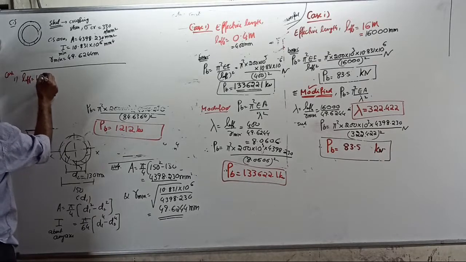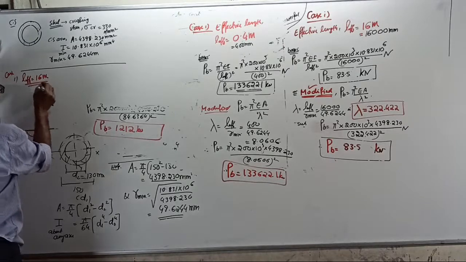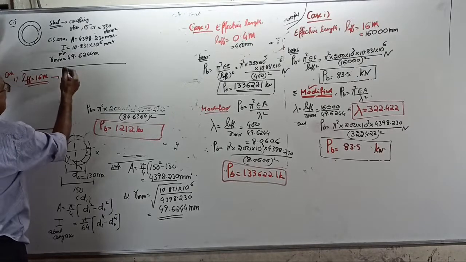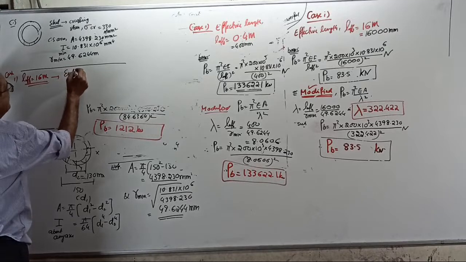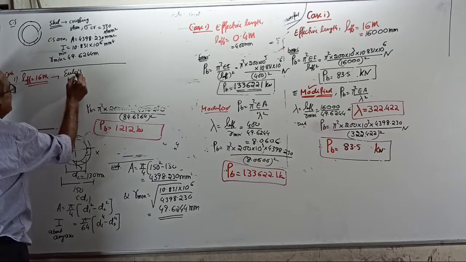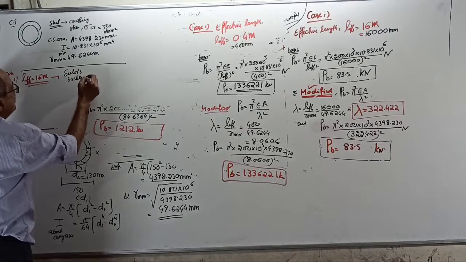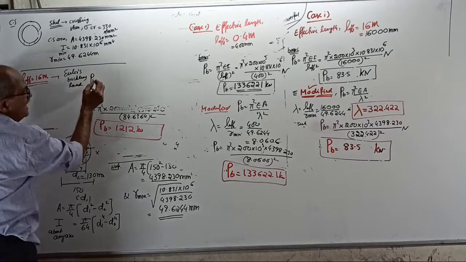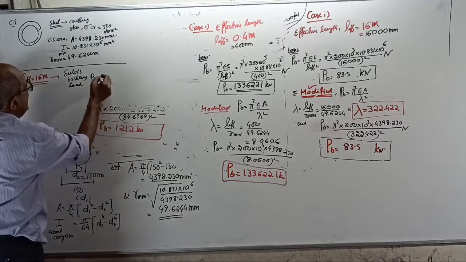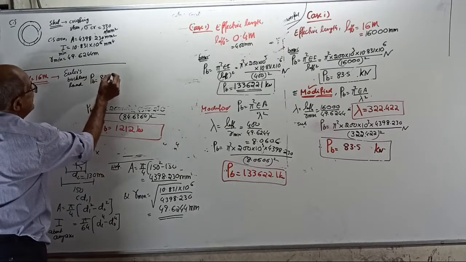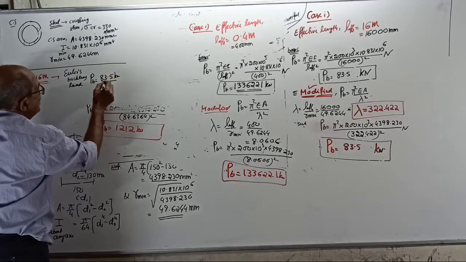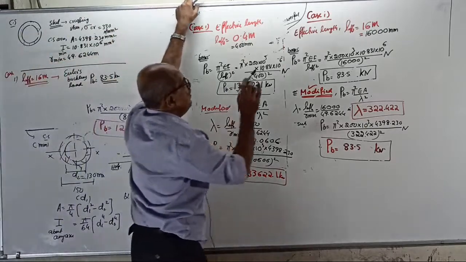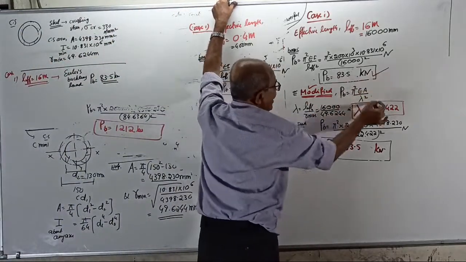Now, in case 1, L effective first time was 16 meter. You got Euler's buckling load PB, the first time the answer of 83.5 kilonewton. Yes or no? You forget whether you used the original formula or modified formula.